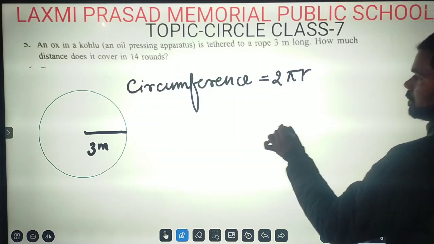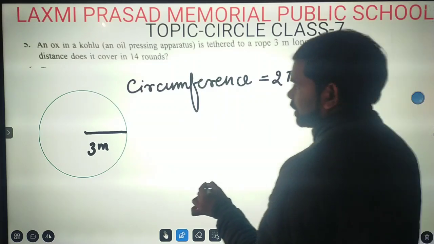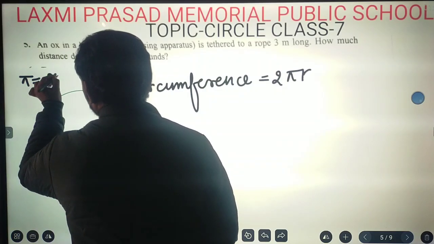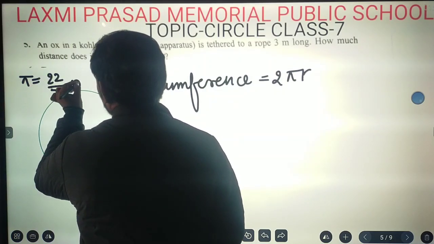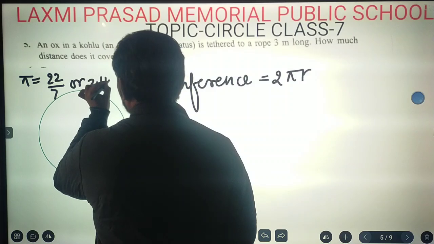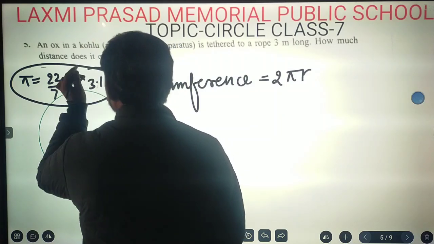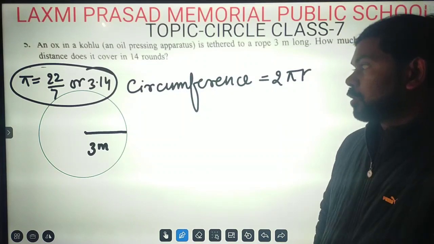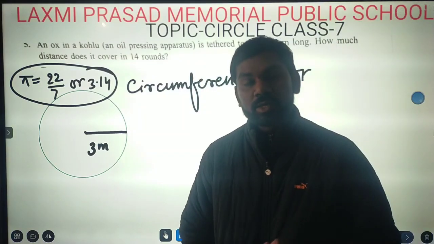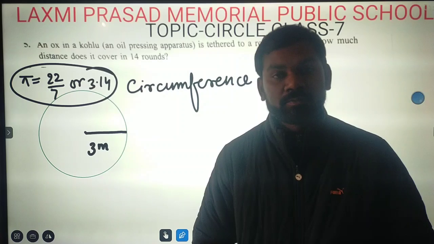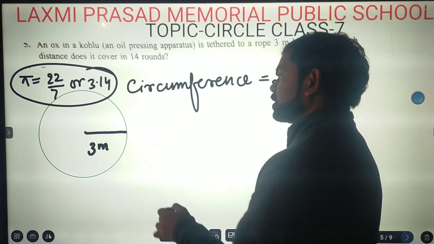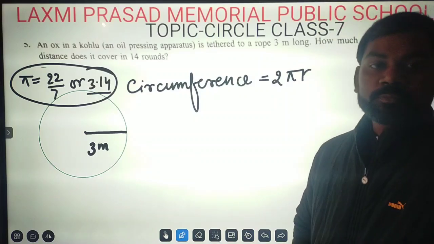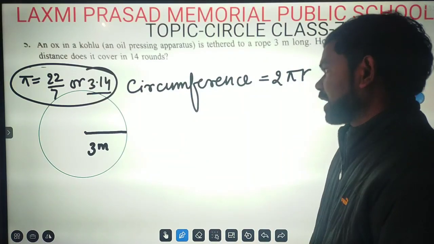The value of pi is 22 by 7 or 3.14. As I told you, when the radius is not a multiple of 7, we use the value of pi as 3.14 in place of 22 by 7.